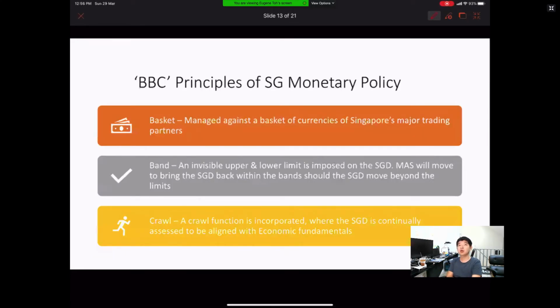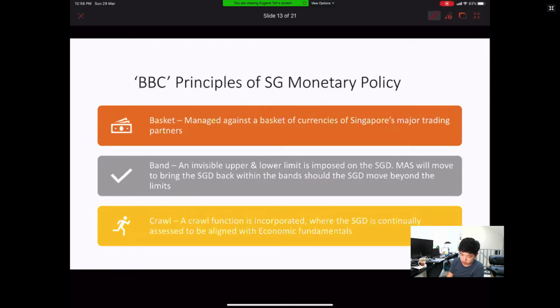Now next, we talk about the basket band crawl principles of monetary policy in Singapore. What's basket band crawl? So this BBC, you need to remember this basket. What is basket? The Sing dollar is managed against a basket of currencies of our major trading partners. They do not disclose what these currencies are, but we can make some quite excellent guesses.